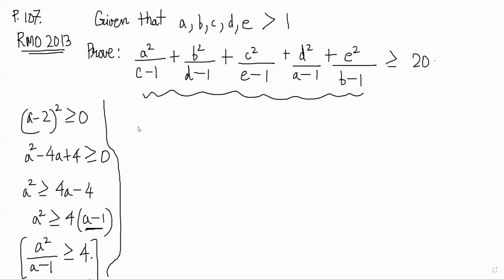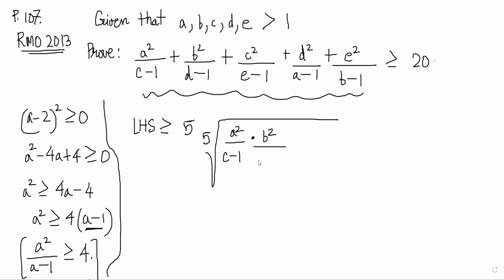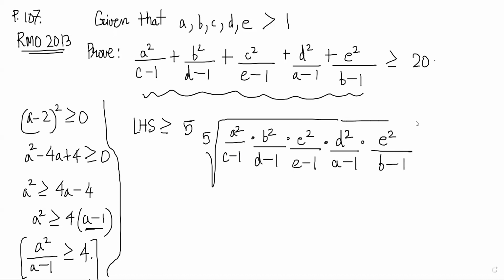We can say that this expression, the LHS, will be greater than or equal to 5 times the 5th root of a^2/(c-1) times b^2/(d-1) times c^2/(e-1) times d^2/(a-1) times e^2/(b-1).